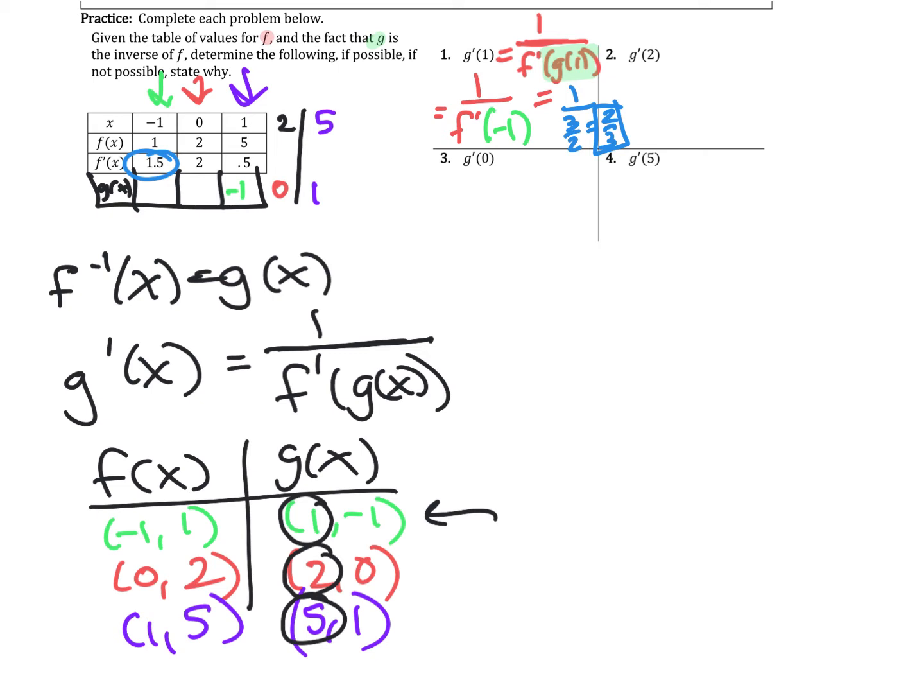Let's go ahead and look at number 2. Number 2 says g prime of 2. Well, this would equal 1 over f prime of g of 2. So what's the first thing I need? The first thing that I need is g of 2. So I'm going to look at my table and see if I can tell what that value is. Well, here x is 2, g of 2 is 0.